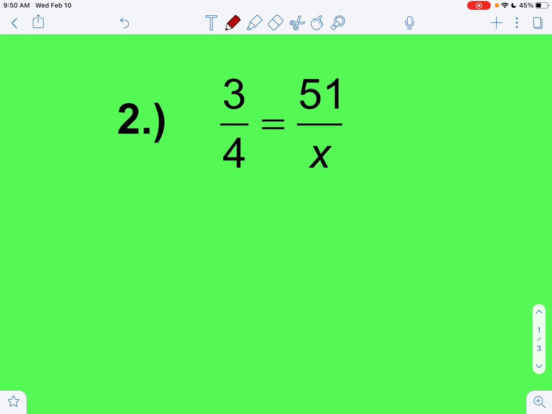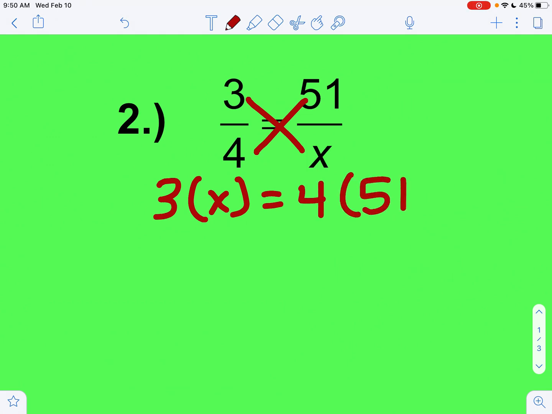This time we have 3/4 is equal to 51 over x. So again, we cross multiply. We're taking 3 times x is equal to 4 times 51. Alright, I'm getting my calculator up. 3 times x is just 3x. 4 times 51, that is 204.